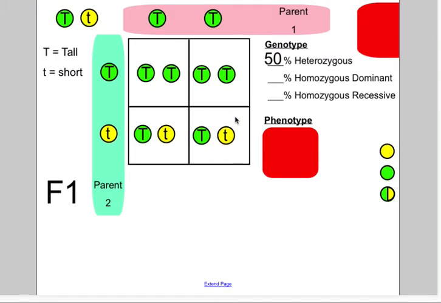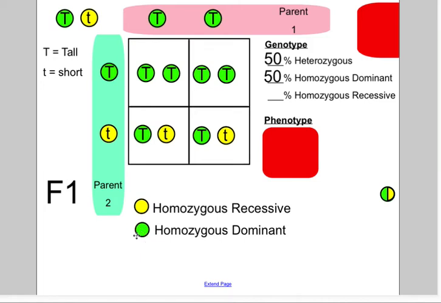We have these two up here that are both homozygous, and we call them homozygous dominant because both the alleles are dominant. So 50% of the four are homozygous dominant. So we have 50% heterozygous and 50% homozygous dominant. If they were both yellow, we'd call them homozygous recessive. If they're both green, homozygous dominant. If it's half green and half yellow, it's heterozygous.